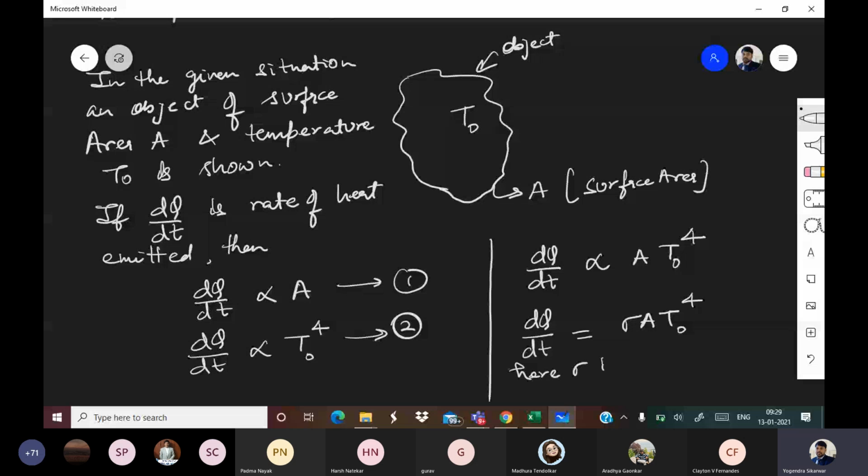There was a scientist named Stephen who worked on this, and based on this, the constant is called Stephen's constant.